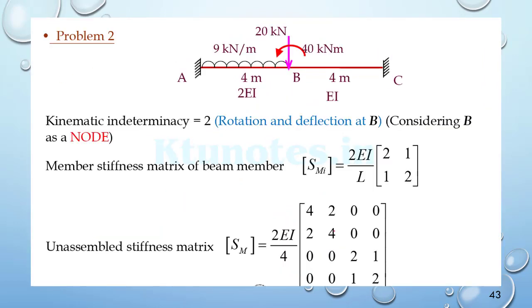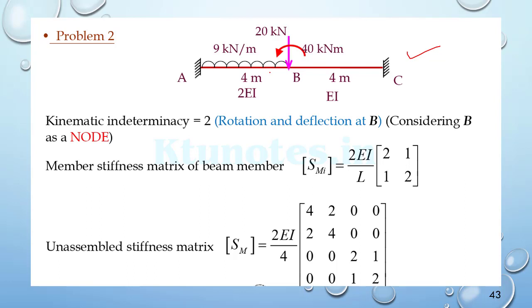Problem 2. The question is to analyze a fixed beam of total length 8 meters, 4 meters and 4 meters equidistant, and here there is no support at B, but at point B there is a point load acting, and also a moment is acting.